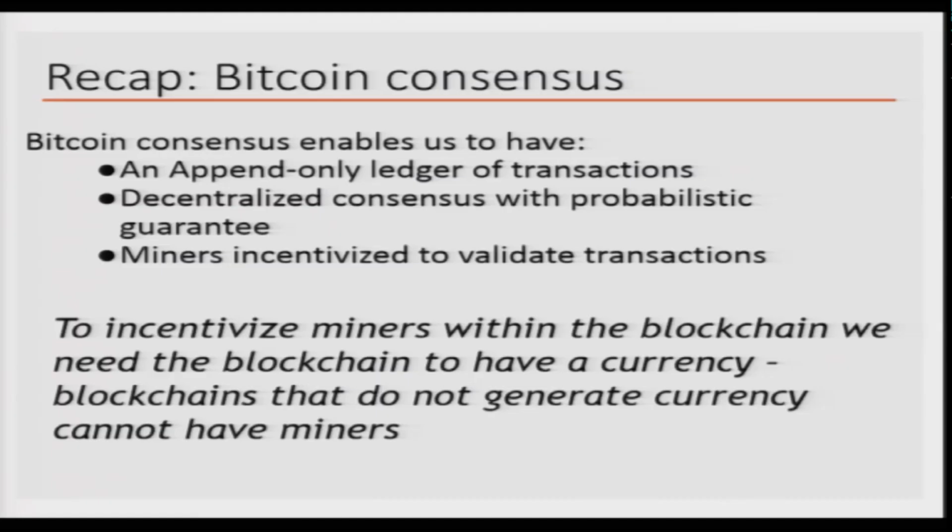One thing that you must note here is that the Bitcoin blockchain is basically a blockchain for cryptocurrency creation and cryptocurrency transactions. We will see many blockchains that do not have a native cryptocurrency, and if they do not have a native cryptocurrency, such an incentive mechanism would not be available to us.